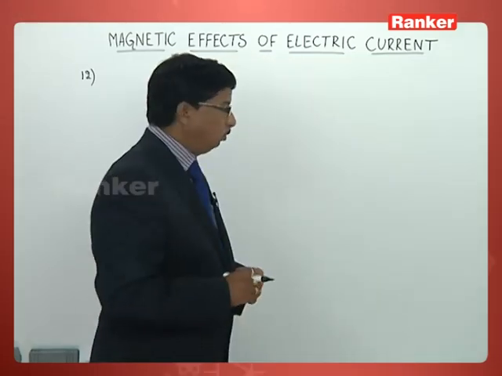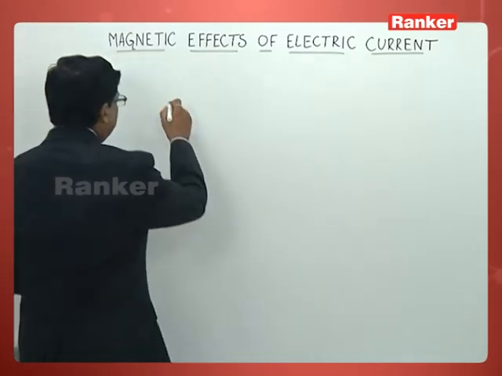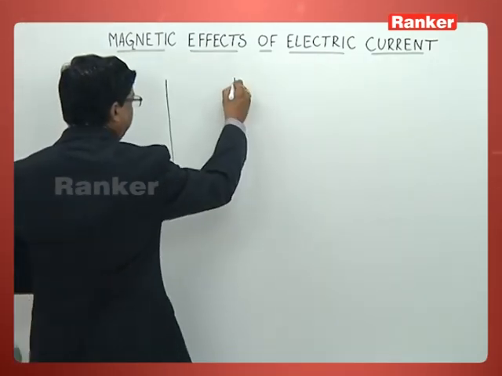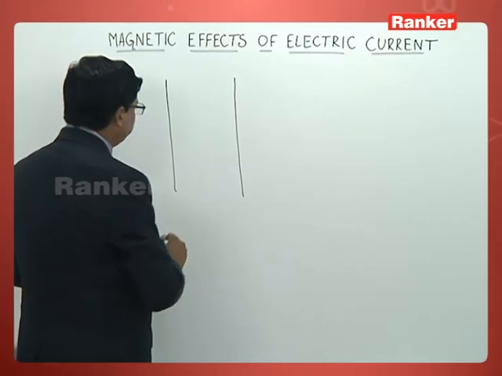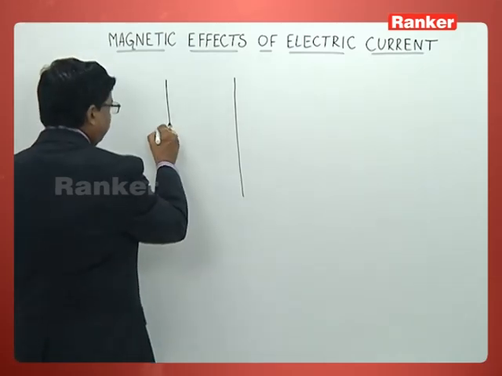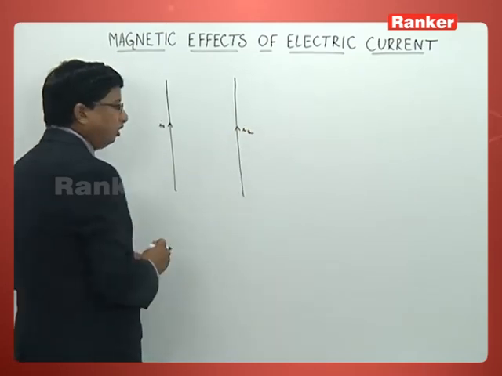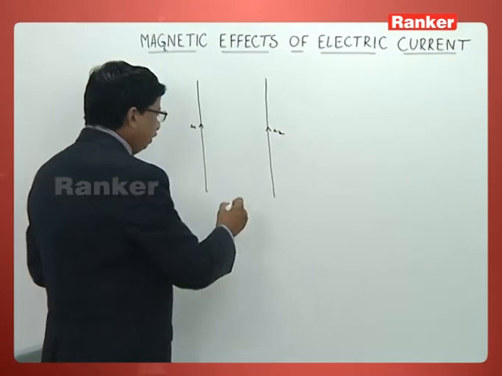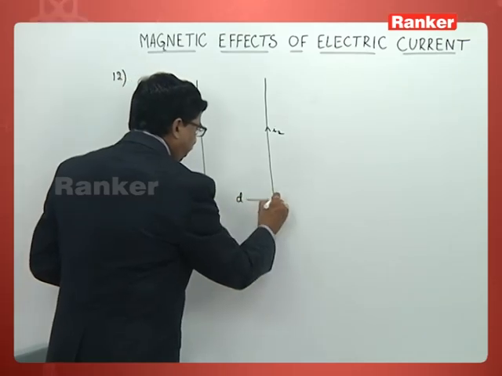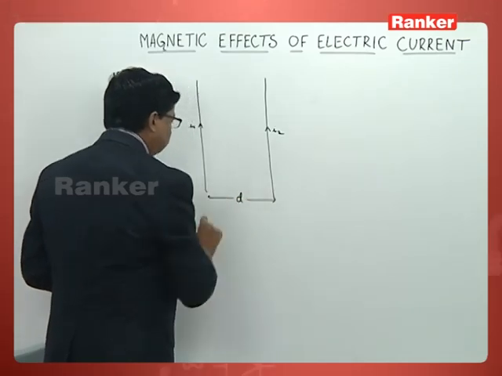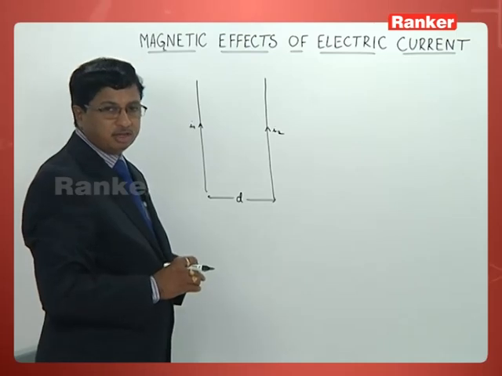That is the correct option for us. Let us now check what he is talking about. There are two parallel straight current carrying conductors. They are carrying currents, say I1 and I2. And he has mentioned these two are separated by a certain distance d. You can understand straight away like that.